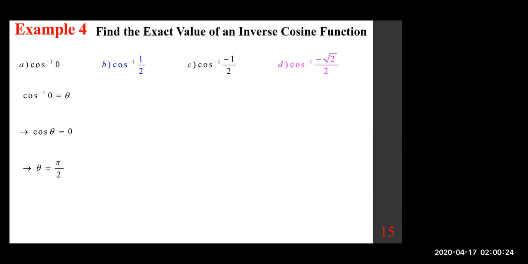Cosine inverse of 1/2. What's the answer? We don't know. Let's say it's theta. So cosine theta must be 1/2. That's a common one. Pi over 3.